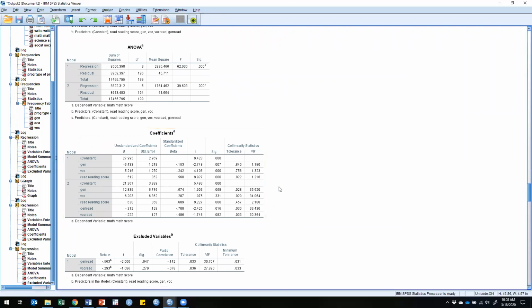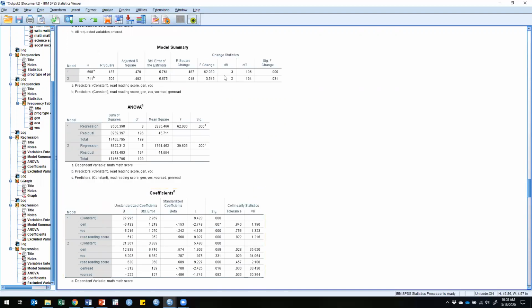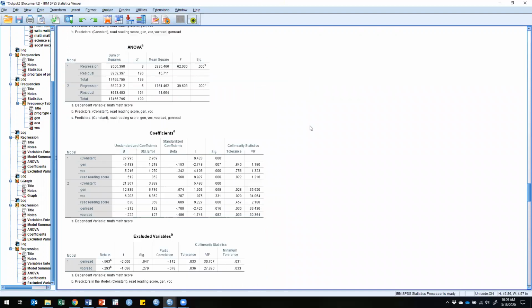Usually including interaction terms in your model will cause issues with multicollinearity. In that case, we can still trust the significance of the F change test. But the standard errors for our main effects will typically be inflated.